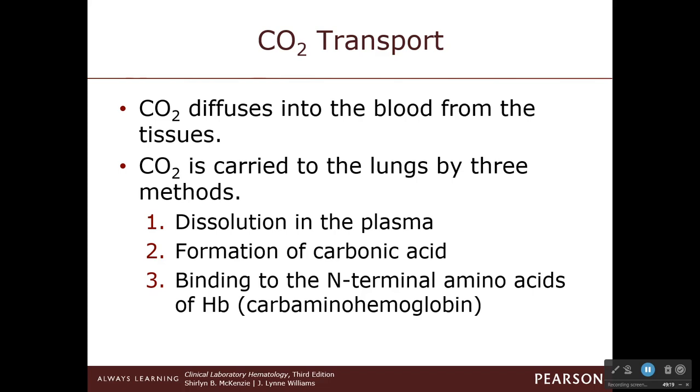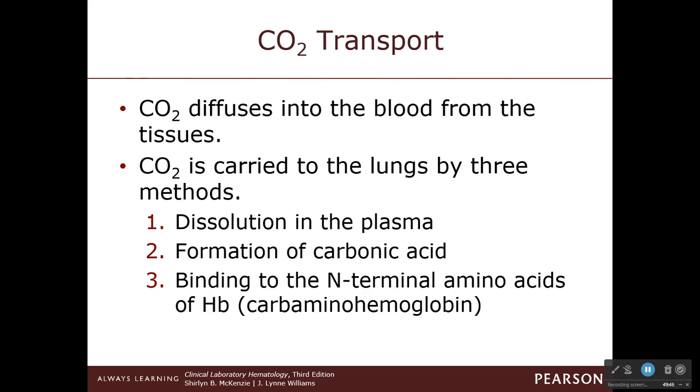Okay, synase, so it's a what? Enzyme. Okay? Anhydrase basically means it's going to transfer a hydrogen ion. Okay? So what we end up with, H2CO3, which is known as carbonic acid.